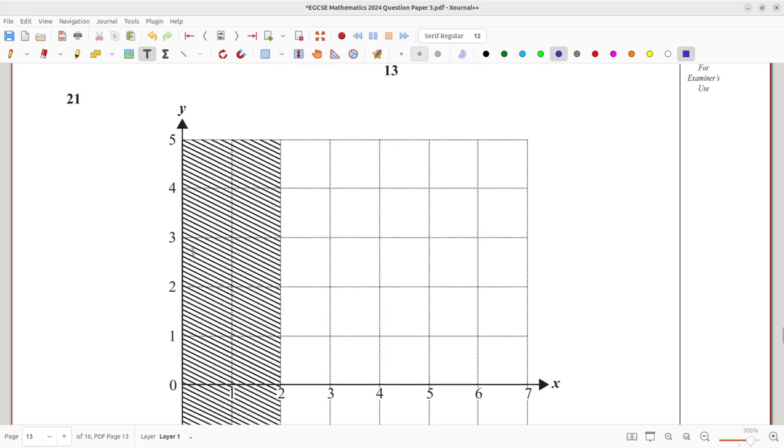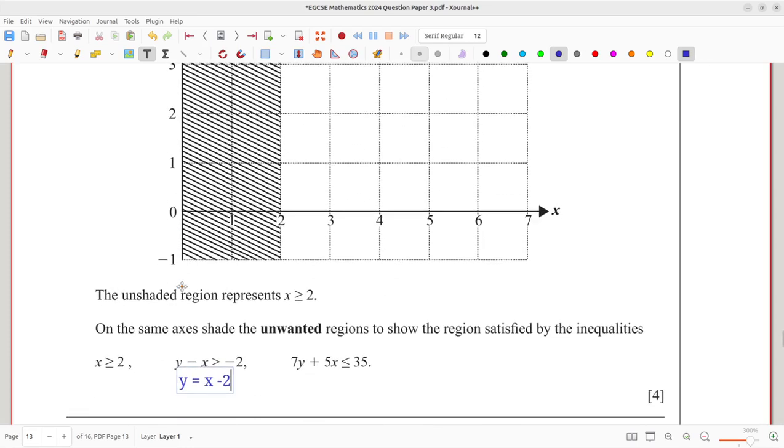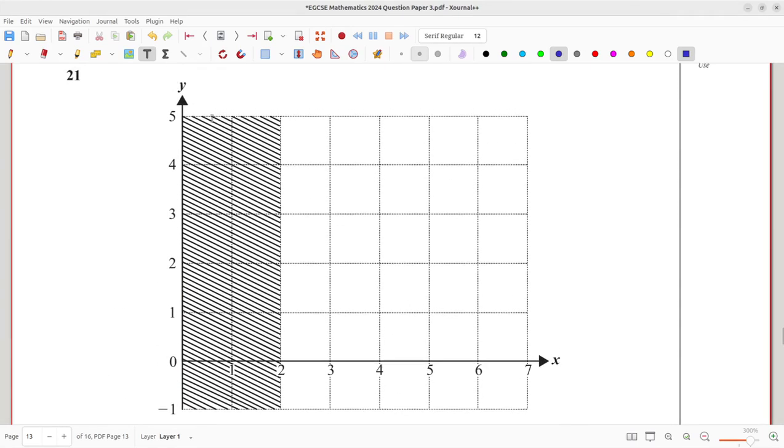Let's try to draw that line. x minus 2, it's actually this line here. Sorry. That's why it's x minus 2.